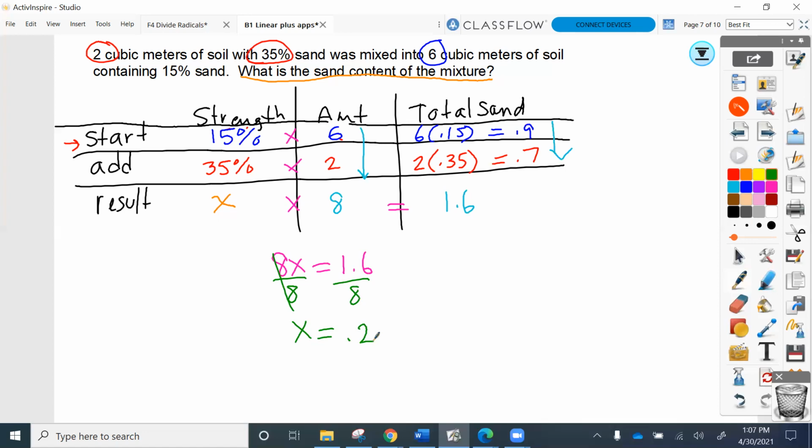Now remember what the question was, the sand content of the mixture. So the sand content is in percentage, right? So 0.2 is equal to 20%. So the sand content of the resulting mixture is going to be 20%.